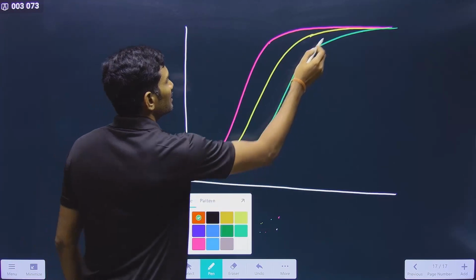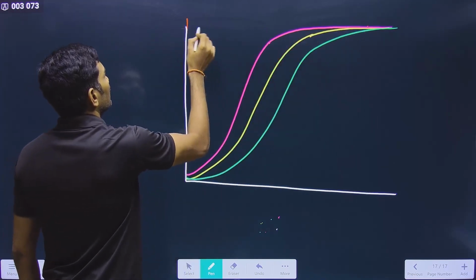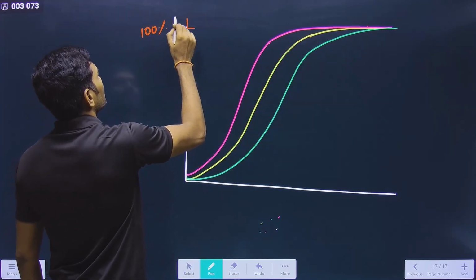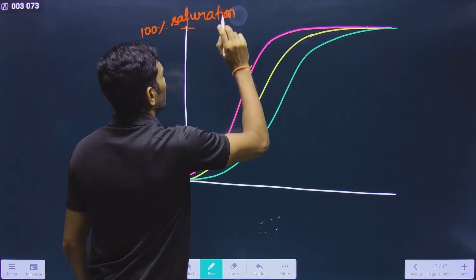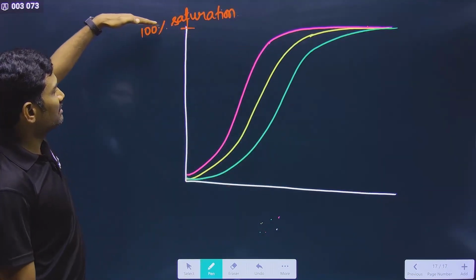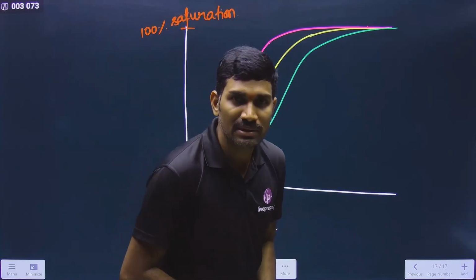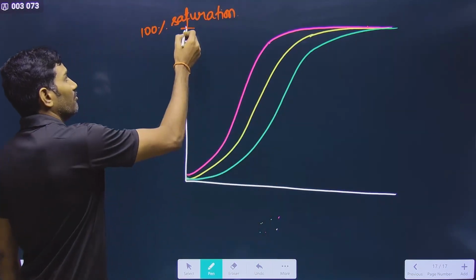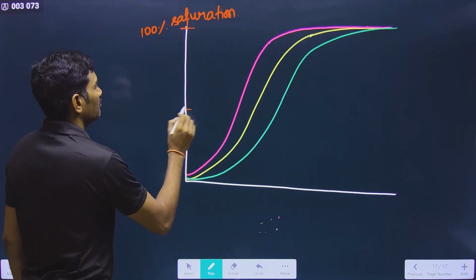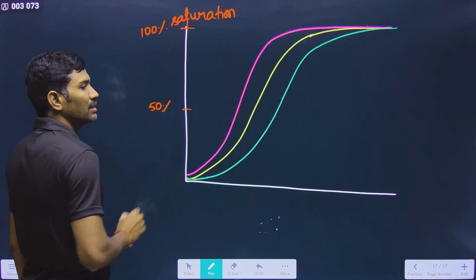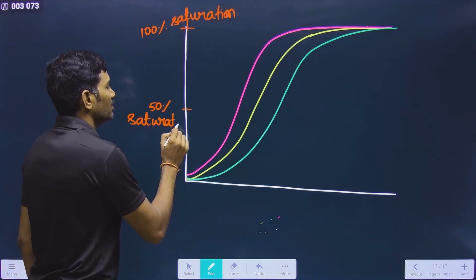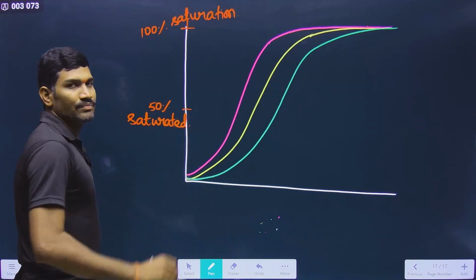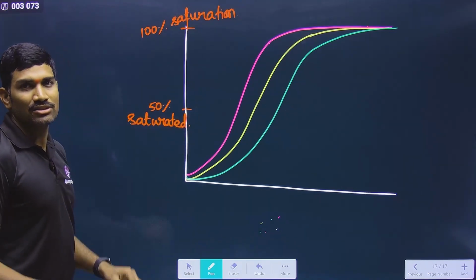In this way, we are saying that this final value is 100% saturation. For all three, the final saturation percentage is the same, 100% saturated. But based on this, if you are talking about the 50% value, this is 50% saturated.